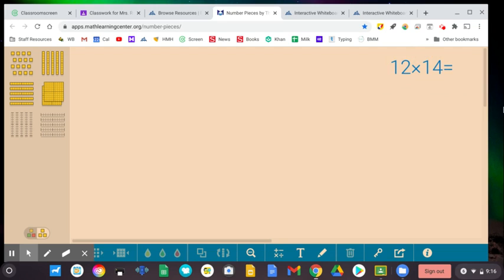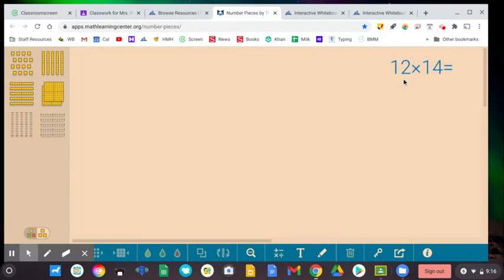And now let's think about all of these pieces, how to make such a thing. Well, I can look at these numbers and this is going to be a little bit difficult. If I look at this, maybe I need to think about my base 10 pieces and that I need to make a 12 going down and I need to make a 14 going across.